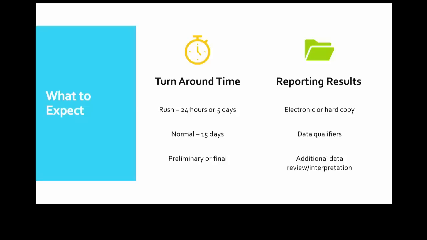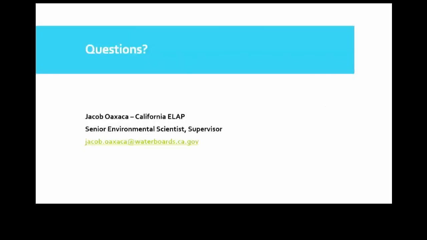And along those lines, you'll want to have a conversation with the laboratories about whether they provide a data review or interpretation, because you may need some of that assistance. That could come in the form of a case narrative. They may provide additional information, such as a graph or something of that nature.